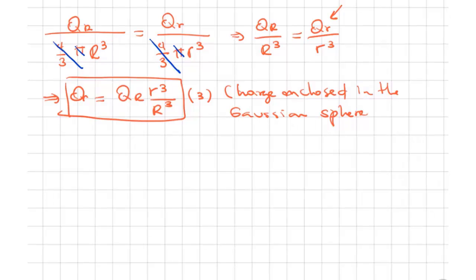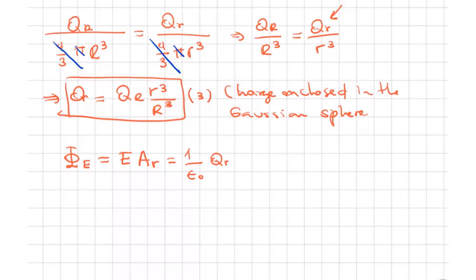So if you remember, by definition Gauss's law says that the electric flux is equal to the electric field multiplying the area of the Gaussian sphere, and that's equal to 1 divided by epsilon 0 multiplying the charge inside the Gaussian sphere.